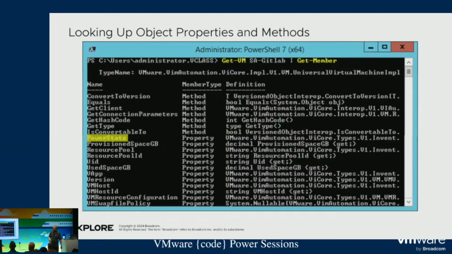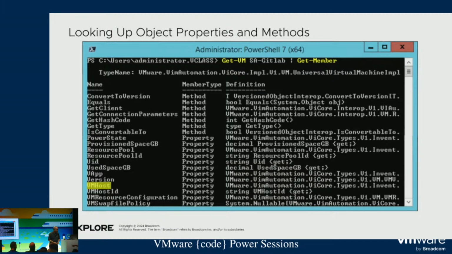So just picking a few randomly here, power state is a property we could say we want to look up, or we could look up the amount of disk space in a VM, or we could look up what host the VM's on. Get-Member opens up a world of possibilities. It lets you look underneath the covers in the object to see what's in there.